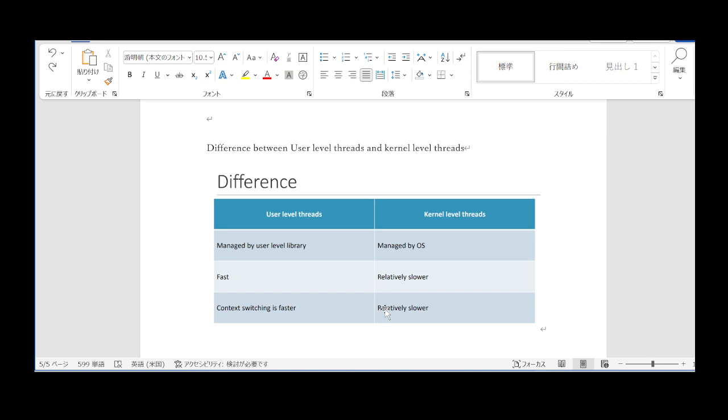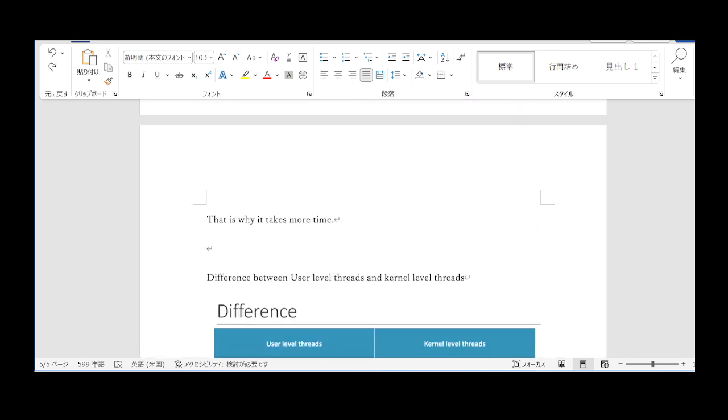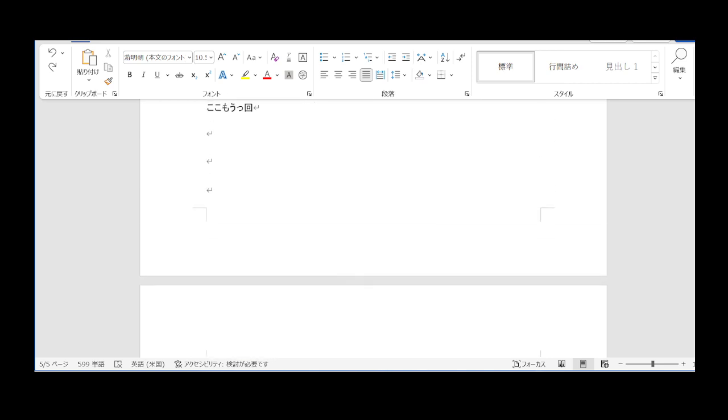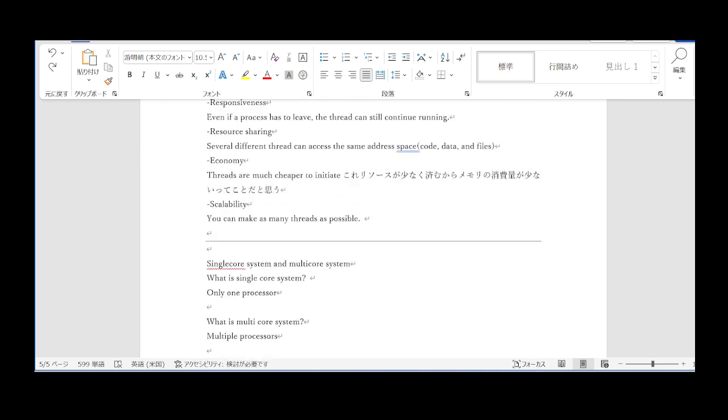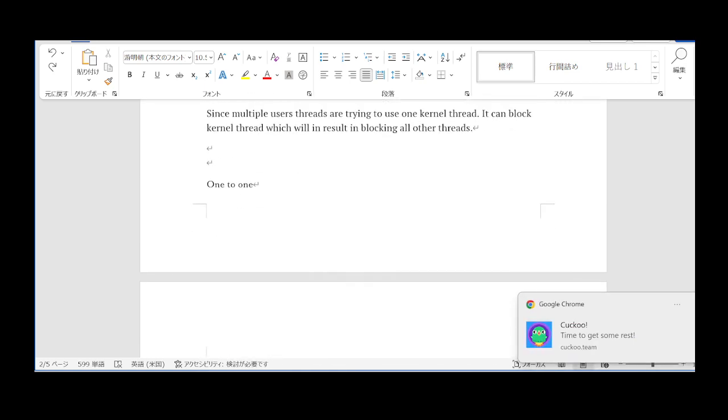This is also for the same reason, because the PCB needs to be updated when context switching occurs. In a local call it doesn't require that, but it does on kernel level threads. That is why. So I did a review of multi-threading this time. So that was it.